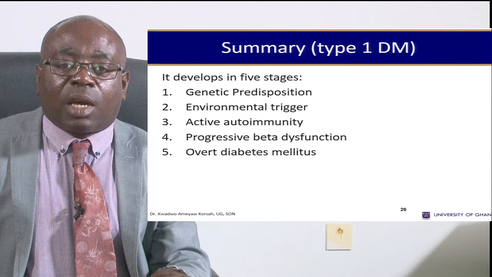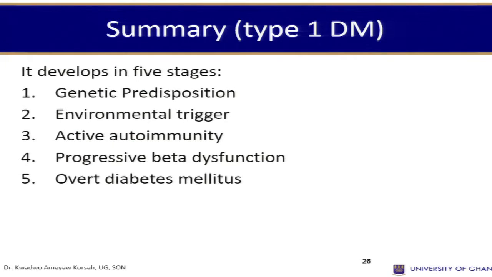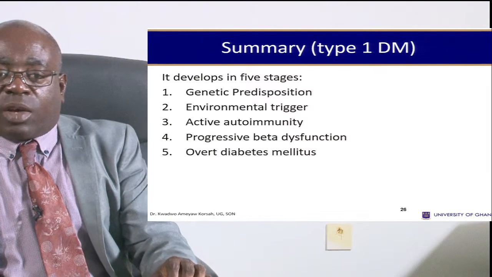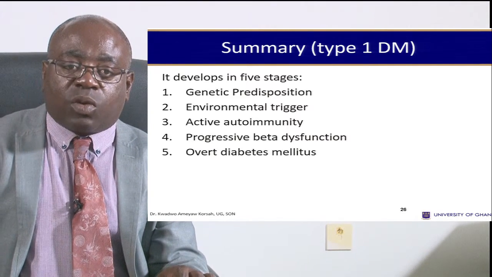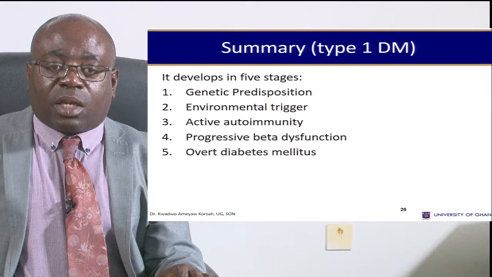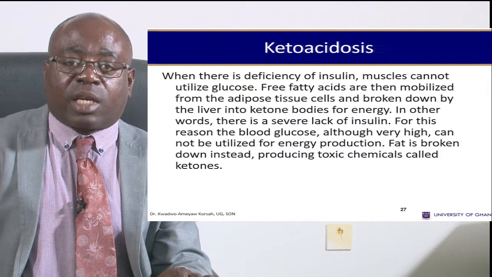So in summary, type 1 develops in 5 stages. We have the genetic predisposition, the environmental trigger, active autoimmunity, and progressive beta cell dysfunction, and then we get the overt disease, which is diabetes mellitus, whereby we have clinical manifestations.